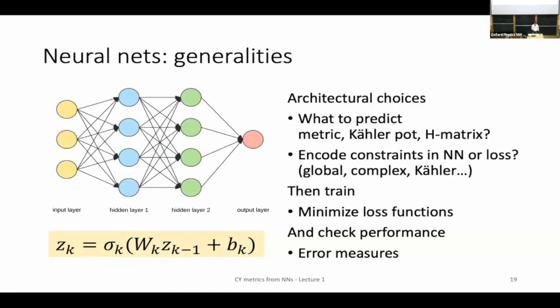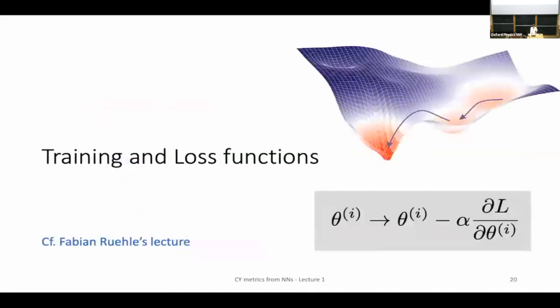Should we predict the metric, the Kähler potential, or this h matrix, which was mentioned as the parameters of Headrick's method in James' talk? That's something we should decide, and then we should think about how we actually deal with the training, and then what error measures we need. So that brings us to the training.